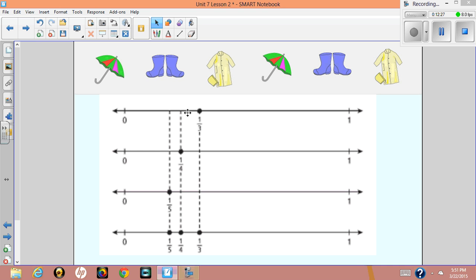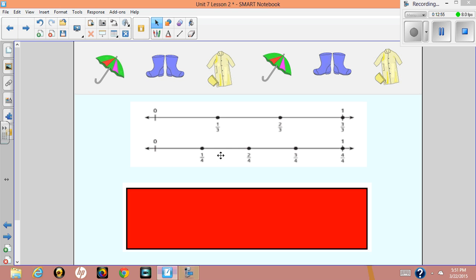You can locate a number on a number line by simply comparing it with another. If you recall, the larger the denominator, the smaller the part will be. The unit fraction will be. So 1/3 will be larger than 1/4, and 1/4 will be larger than 1/5.